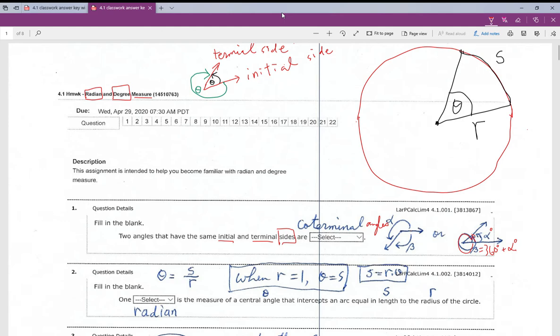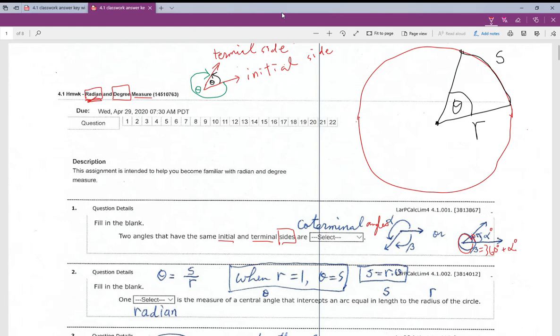Now, next, number 2, we want to learn a new system of measurement. How you measure an angle with another system, we call it radian. So degree, we all learned that a long time ago. And what does radian mean?